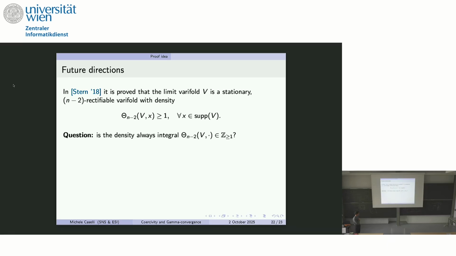Because for us, this is an important point to make. If you take the limit of the Jacobian in the flat topology, okay, or in the gamma convergence setting for minimizers, you are allowing for all the cancellations that you want, right? Because the flat topology is canceling opposite vortices. And in doing so, we obtain an integral current.